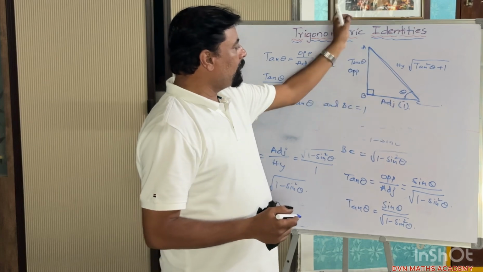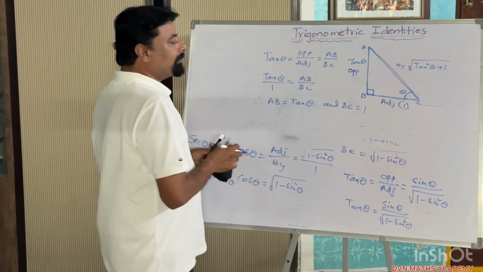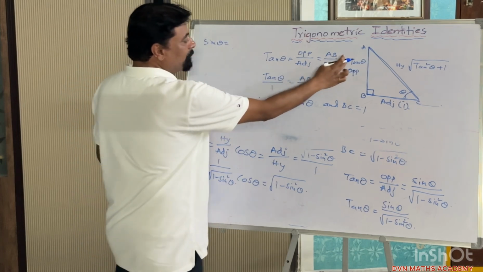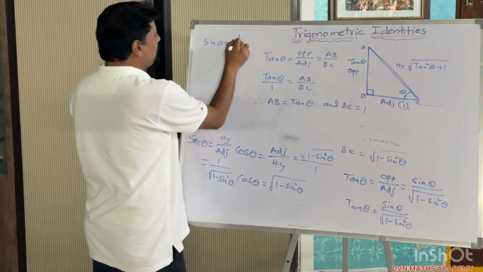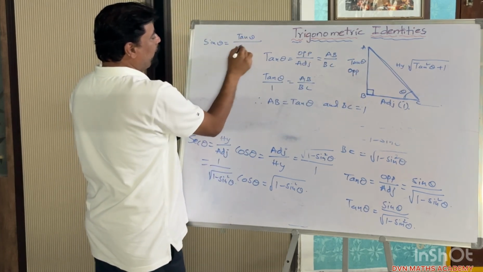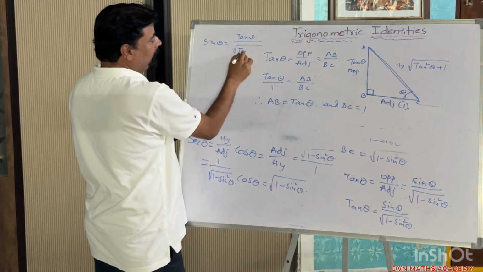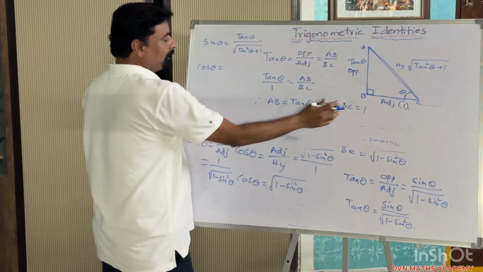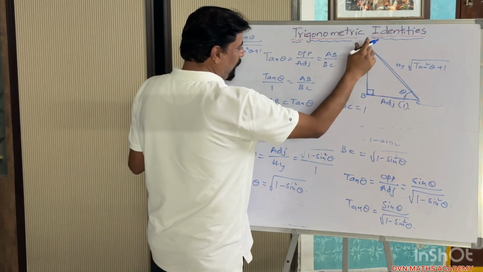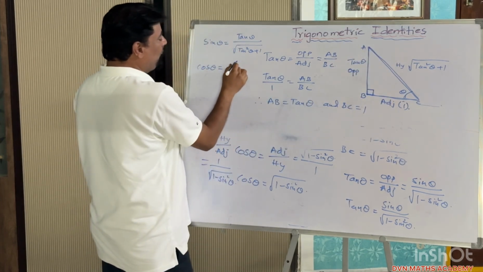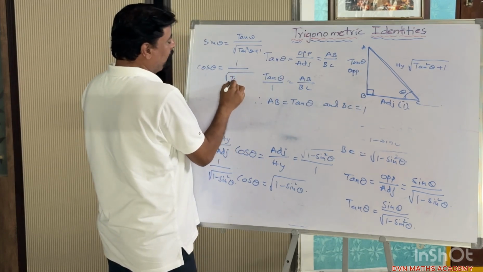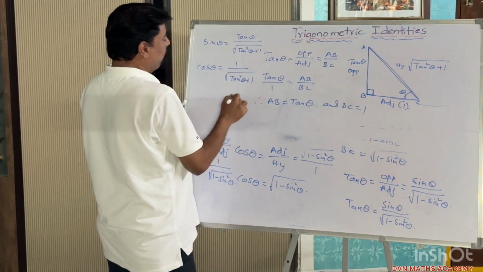Now you can convert all trigonometric ratios in tan terms. Sin theta is equal to opposite by hypotenuse. My opposite is tan theta, and hypotenuse is under root of tan square theta plus 1. Cos theta is adjacent by hypotenuse, that is equal to 1 by under root of tan square theta plus 1.